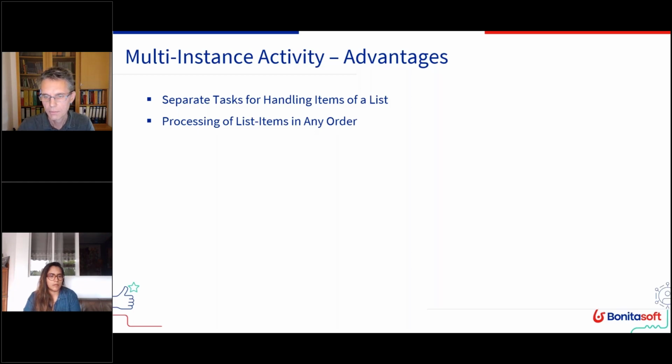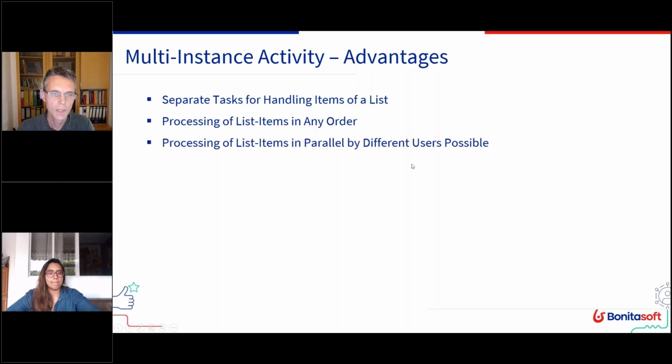So we start with item number 1 and then item number 2 and so on, but we can't change this. If we are not sure about item number 2, and we need to get any other information for that, we can't just go on with the others in the meantime, but we need to stick to the order. With a multi-instance activity, we don't need to do that. That means also that we can process these list items in parallel.